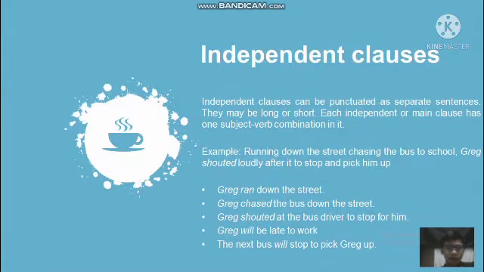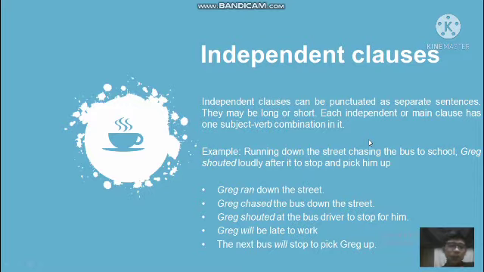Independent clauses, also called main clauses, can be punctuated as separate sentences. They may be long or short. Each independent or main clause has one subject-verb combination in it. So, all independent clauses are finite.